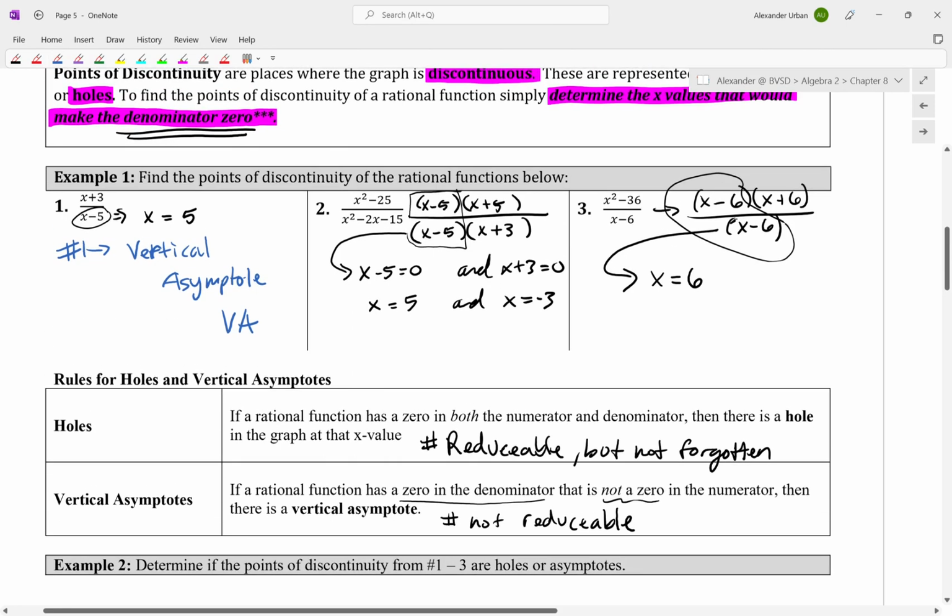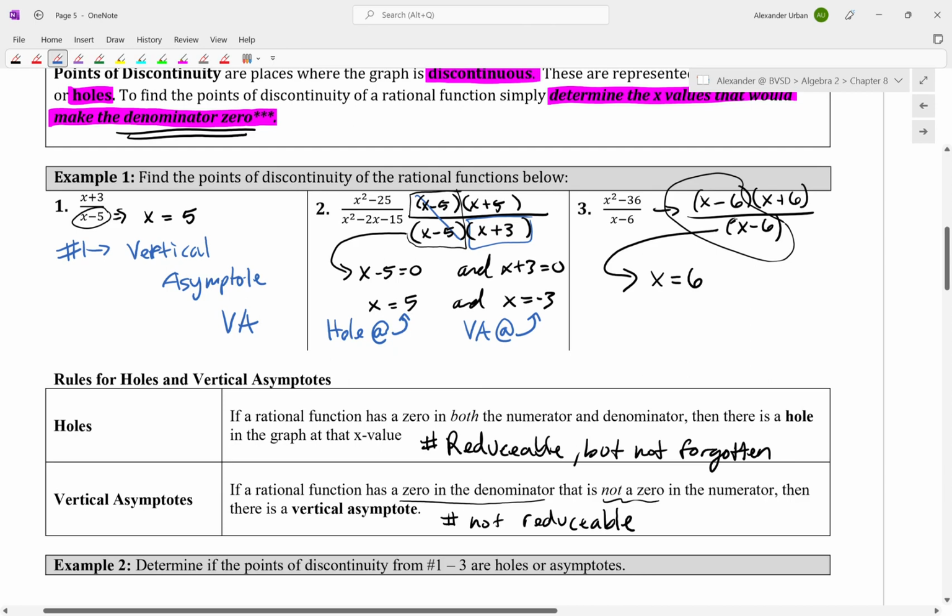Now, on number 2, the x minus 5s will cancel out. That means at x equals 5, that is a hole. The other one does not cancel out, so this x plus 3, or x equals negative 3, must be a vertical asymptote at x equals negative 3.